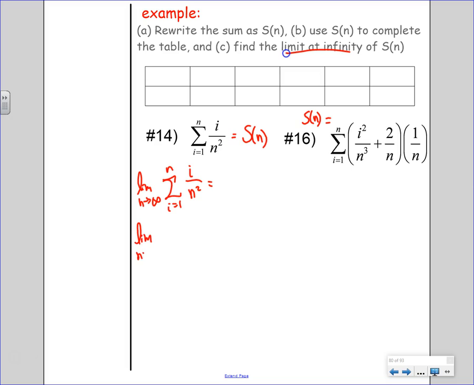Say, wait a minute, hold on, we have this property that says you can take out anything that's not an i, because the 1 over n squared would actually be what we would call a scalar. And then take whatever's left with the i. Guys, is there one of those highlighted formulas that tells us how to rewrite this guy?